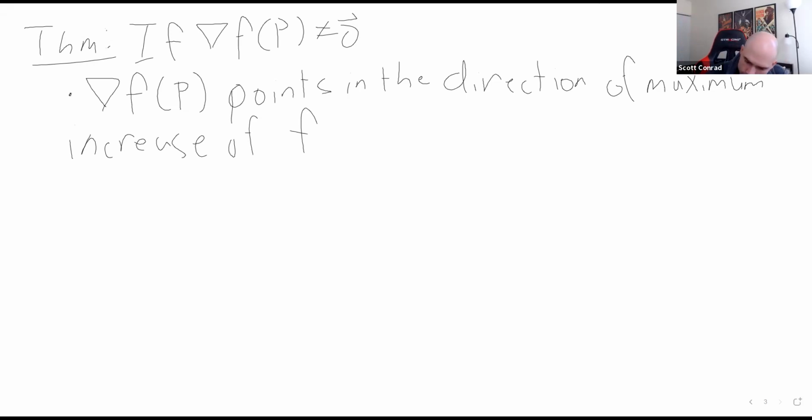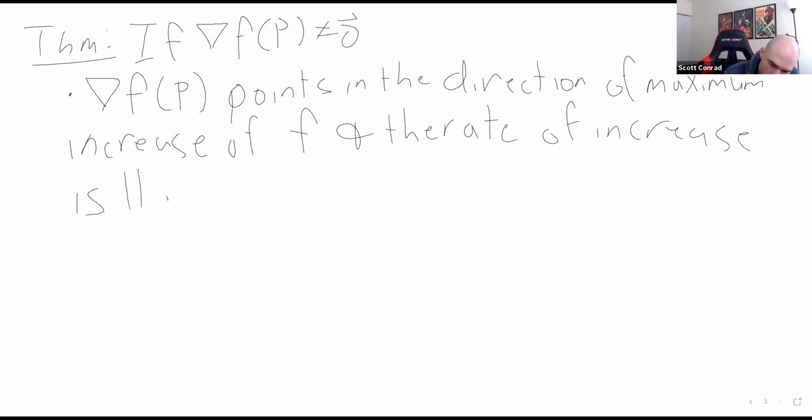And the rate of that increase, in other words, the directional derivative in the direction of the gradient, is the magnitude of the gradient at the point P.